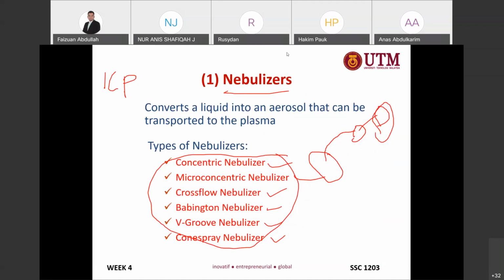The purpose of all analytical instruments is to analyze as much as we can of the analyte in the sample. We do not want the sample to drop somewhere or be wasted. We need all the analytes in the sample being analyzed. So we transform the liquid sample into aerosol form so that it can be burned in the plasma and detected by the detector.